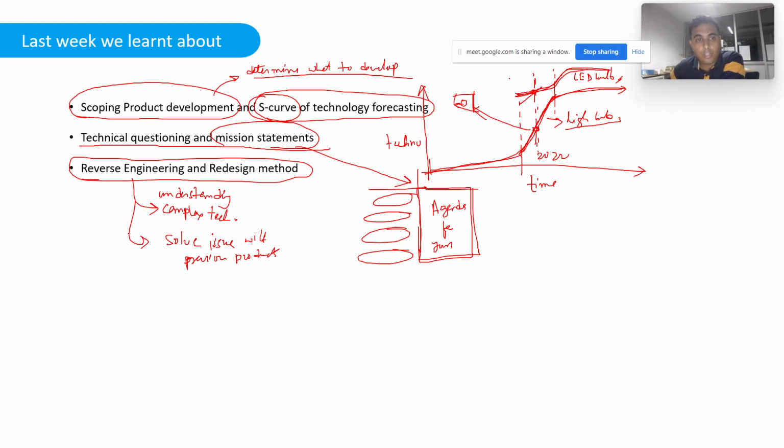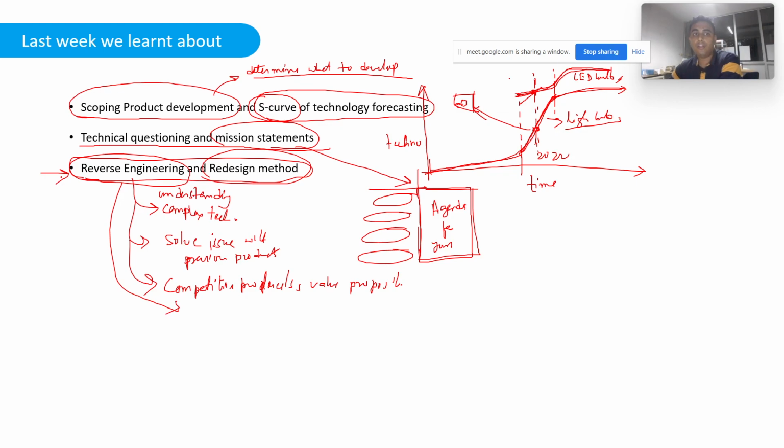And also you can do reverse engineering to understand competitive products' value proposition. There are a lot of competitive products and you want to know what value proposition they provide. So all you do in reverse engineering, and then you do redesign to come up with a new product. Okay, so this is one method how you can do product design. So this was discussed in our last class.